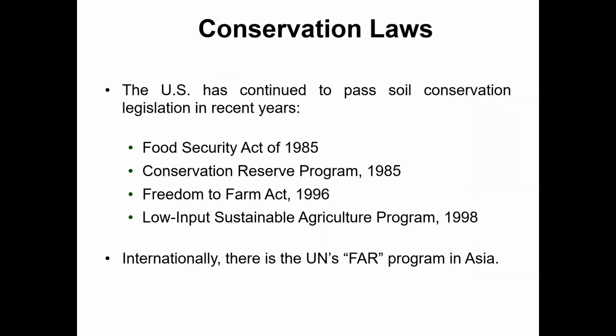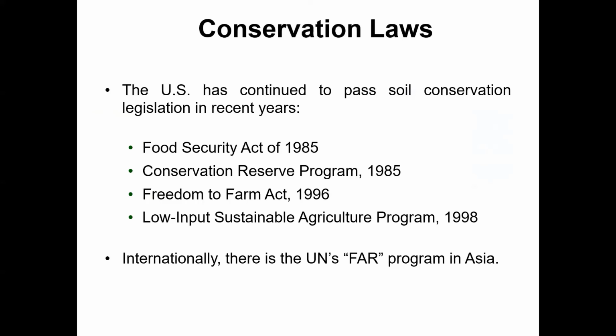Now, to prevent soil erosion from happening, looking at what goes on in these big mega farms, we have certain conservation laws that are actually being enforced. And in the US, they have continued to pass soil conservation legislation in recent years.